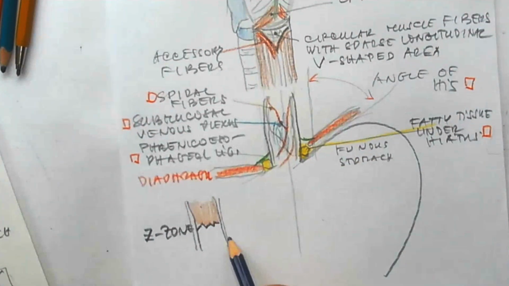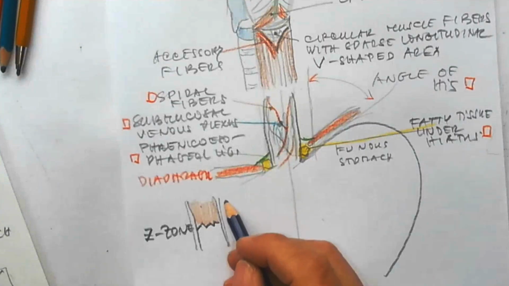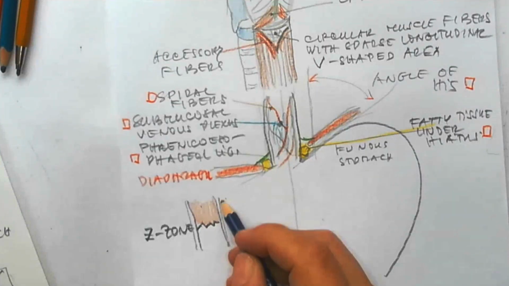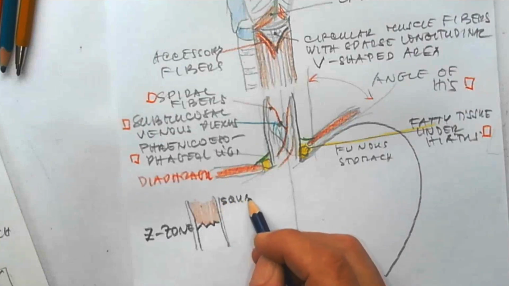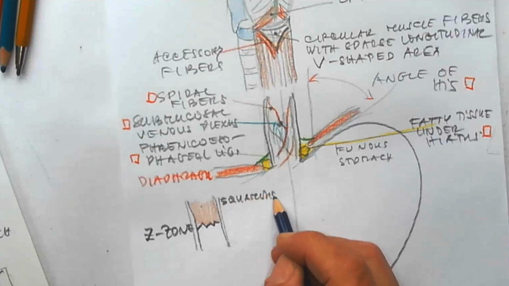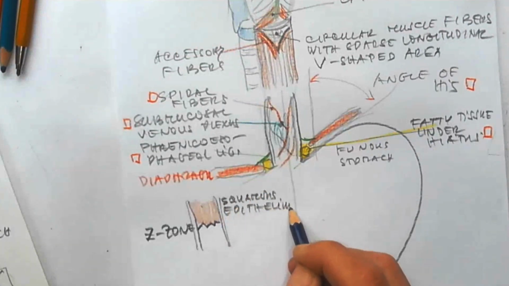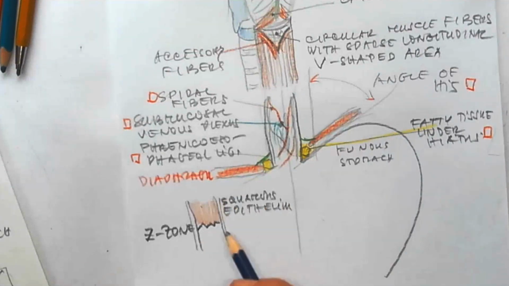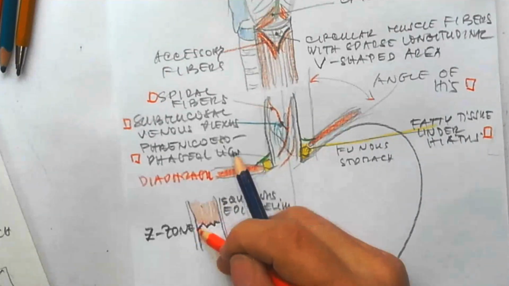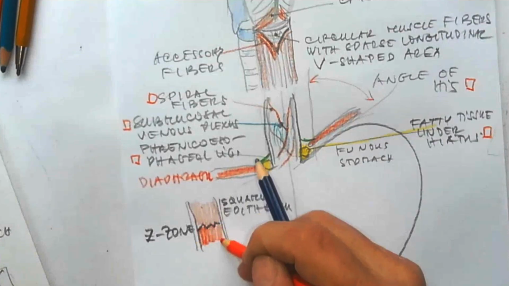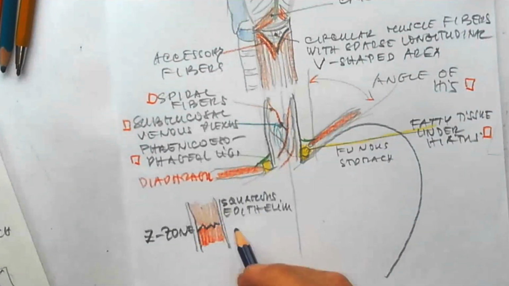This is the squamous epithelium, typical for the esophagus, and that one is darker epithelium, which is columnar. One layer, more layers, and this is columnar.